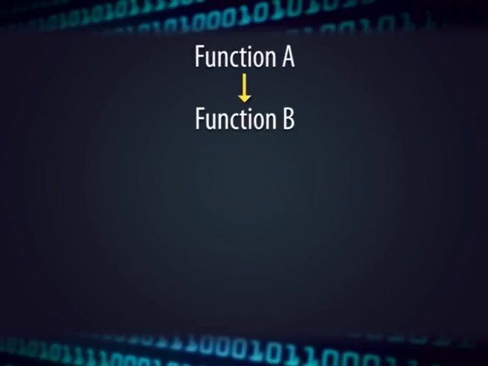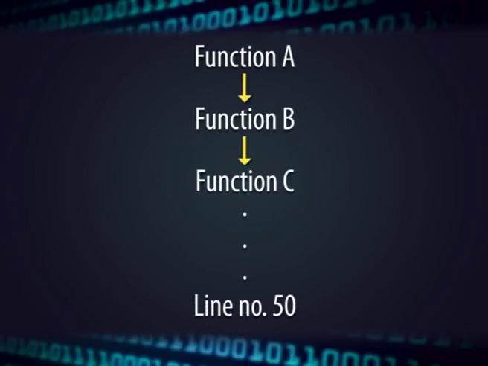For example, if the main program calls a function A, it then calls function B, the function B then calls function C, and there exists a line 50 in that function C. The call stack at that moment will contain the information that you are at line number 50 of the function C, but to reach this function C you have come from the function B, because it was function B which called the function C, and the function B in fact was called by the function A, and function A was called by the main program.